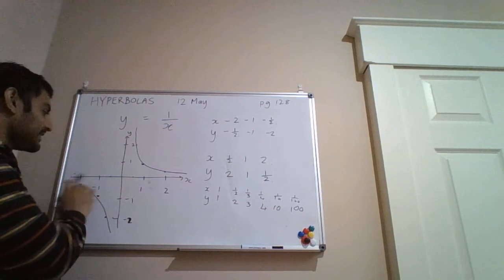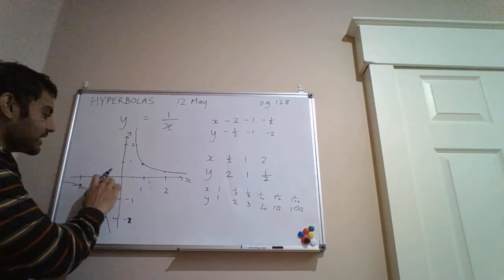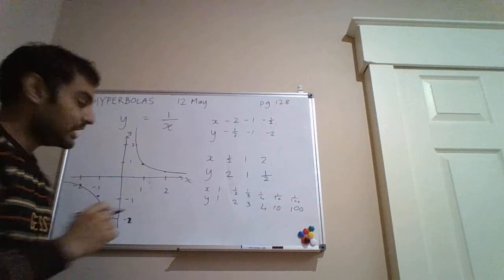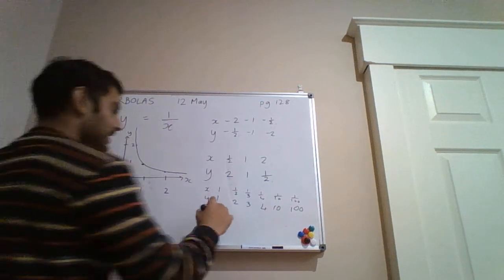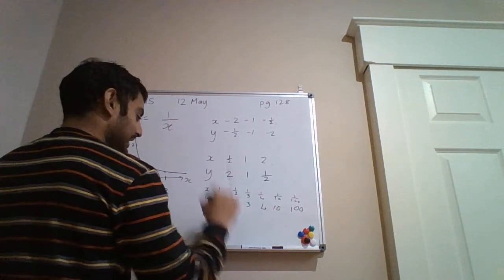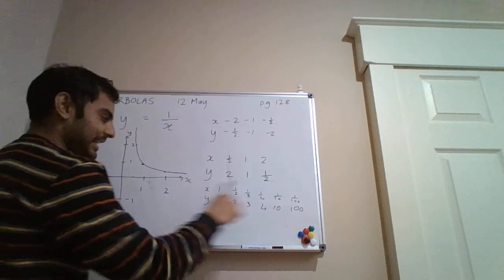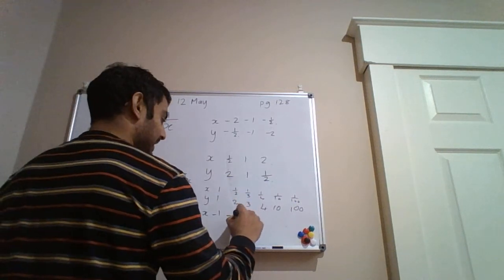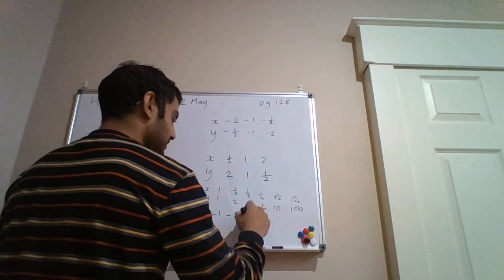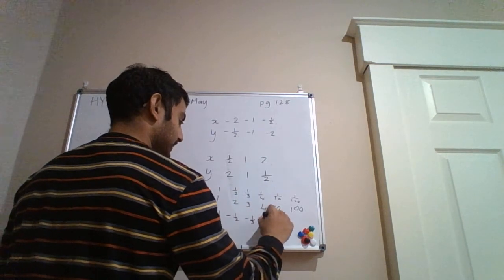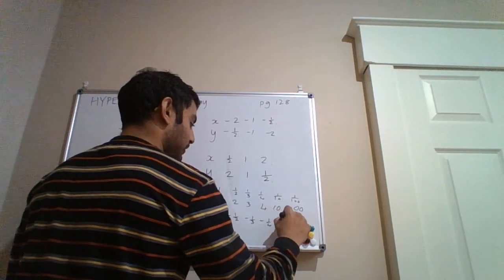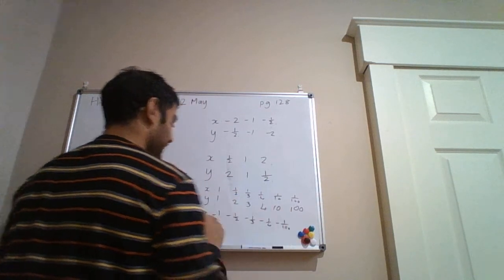Okay, from the other side, as x is getting closer and closer to 0 from the left-hand side, that means x was less than 0, so some negative number, and as it's getting closer, it becomes a smaller and smaller negative fraction. So negative a third, negative a quarter, negative 1 over 100.